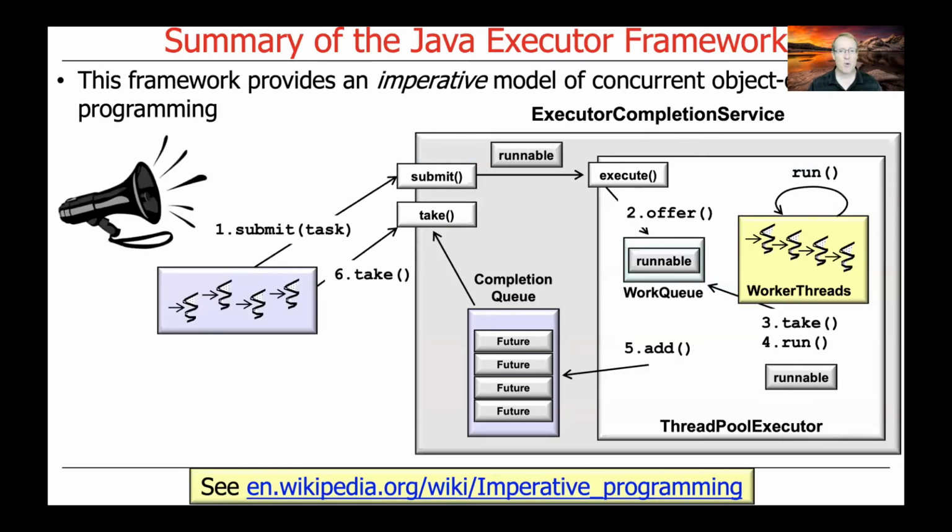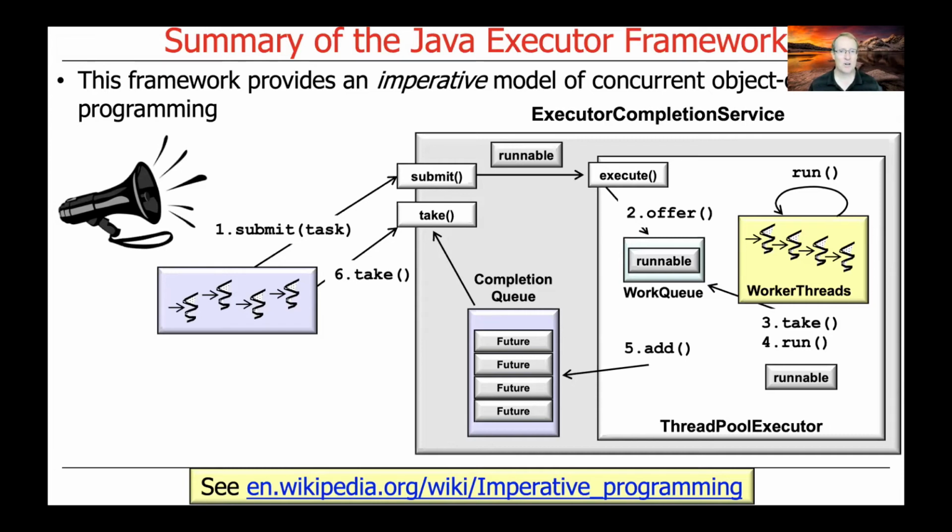The Executor Framework, if you really think about it broadly, provides an imperative model of concurrent object-oriented programming, which of course has been the main focus of this course. You can create these task objects, which are typically either runnables or callables, but they're good old objects. You submit them, or execute them, or invoke whatever the methods are in order to get them into the appropriate type of thread pool you've selected, either cached or fixed or work stealing and so on.